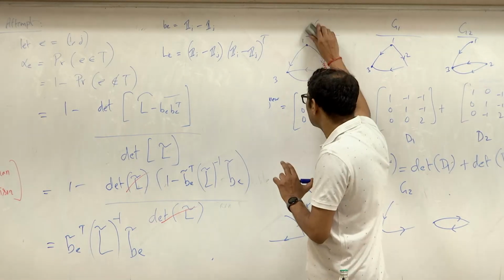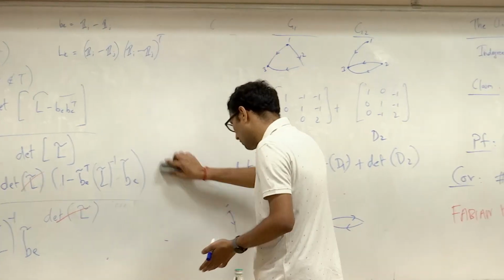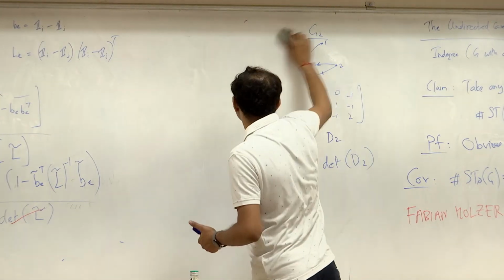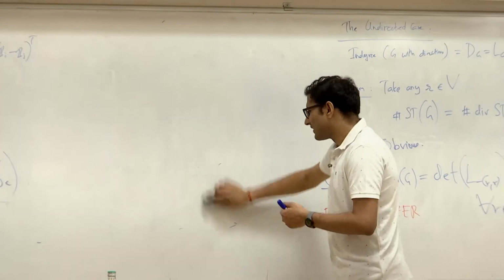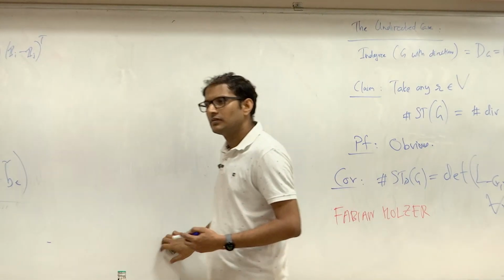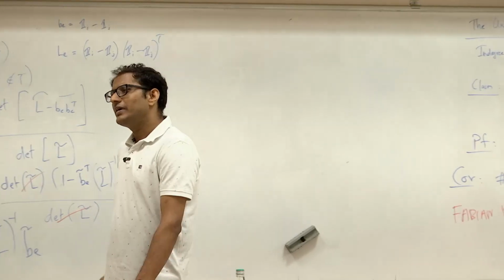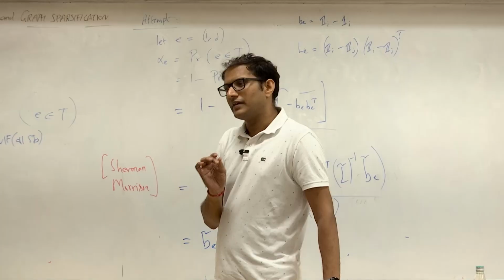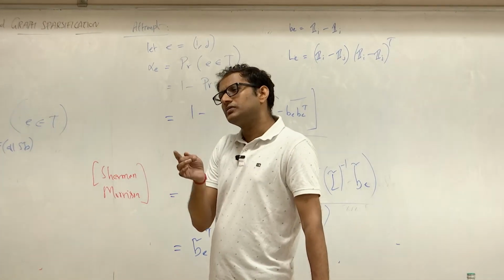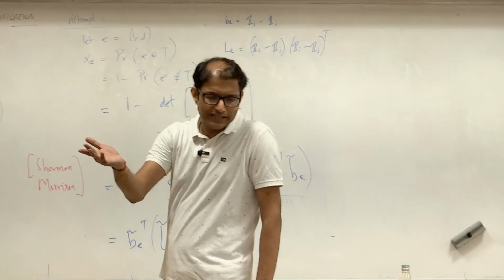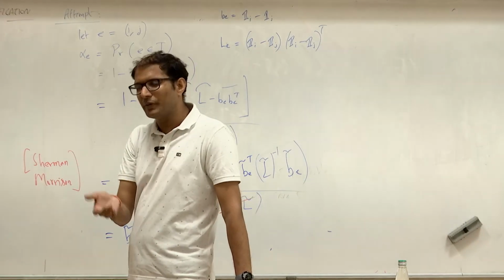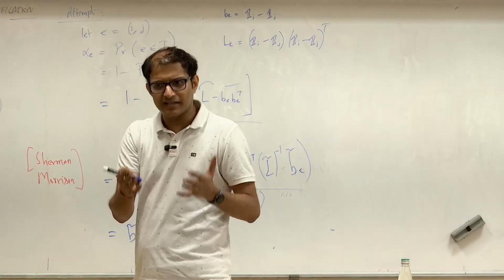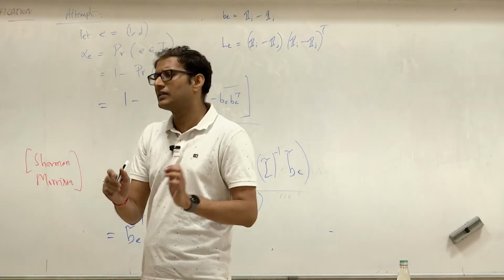I'll also teach this in our regular course hours, so I don't want to spend time proving why L tilde inverse is PSD. It's not such a bad proof. What Piyush is saying is that L tilde is a principal minor of a PSD matrix, capital L. Therefore, L tilde is PSD, and therefore its inverse is also PSD.